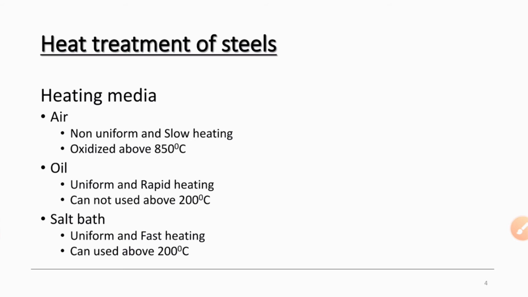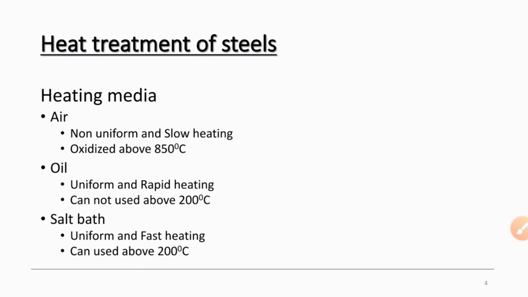So the first medium is air, then the second medium is oil. Oil can give uniform heating and rapid heating. Because the density of oil is more, with this dense oil you can heat the metal uniformly, and rapid heating can take place using oil.